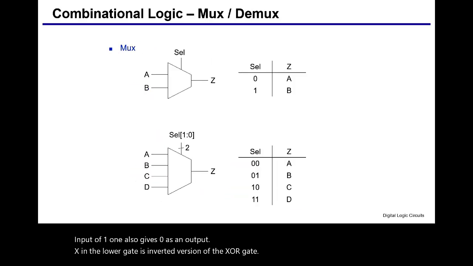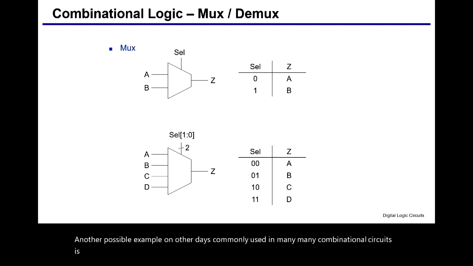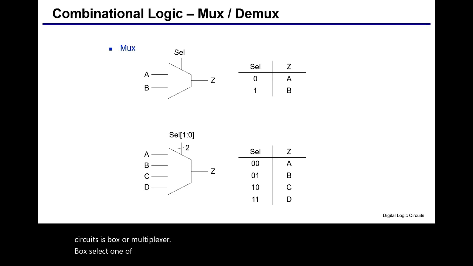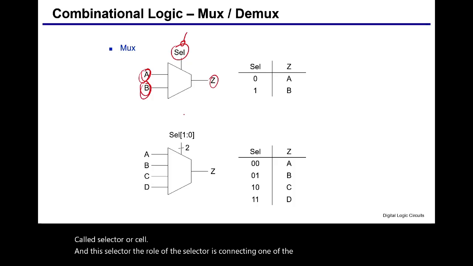Another possible example that is commonly used in many combinational circuits is the MUX, or multiplexer. MUX selects one of the inputs as the output. So here we have A and B as inputs, and we have another input called selector, or sel, and the role of this selector is connecting one of the inputs to the output.